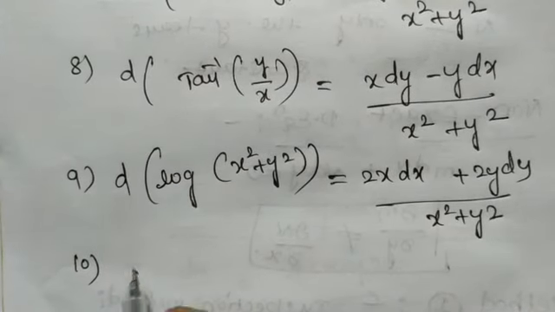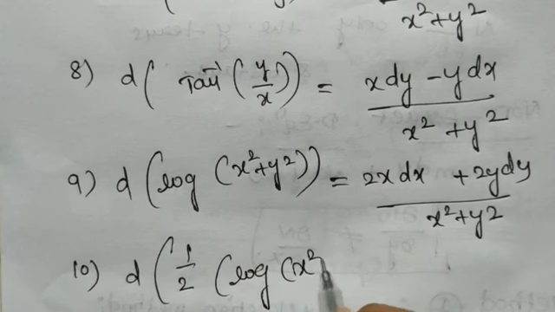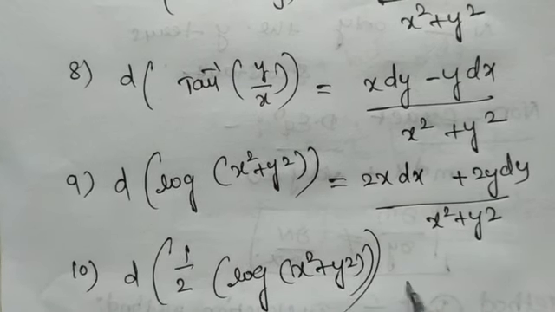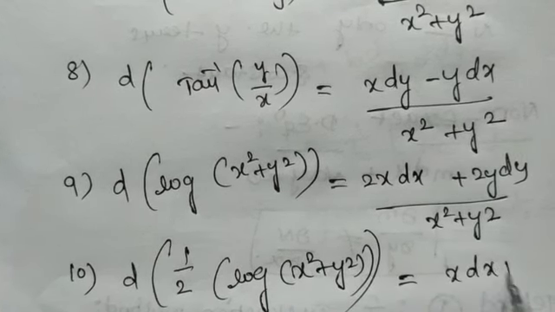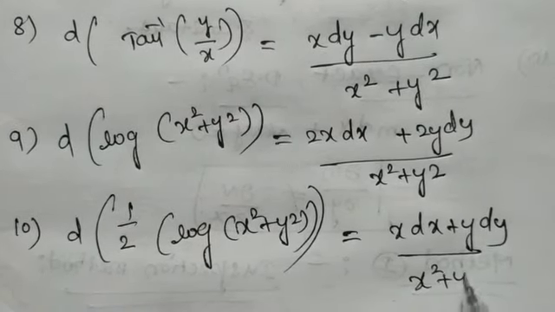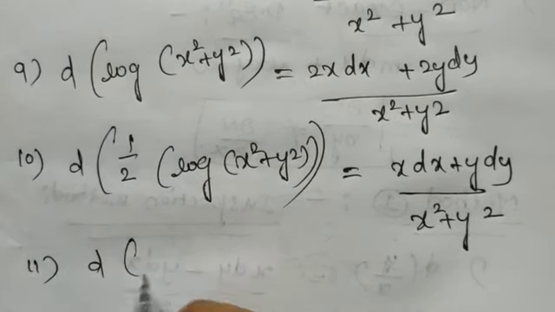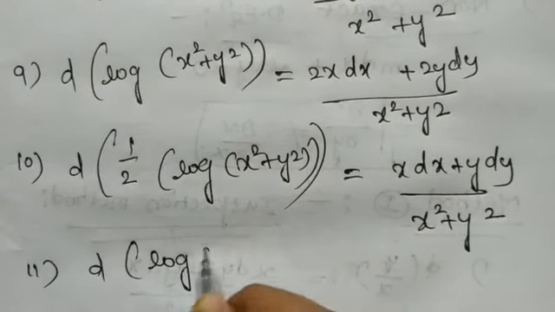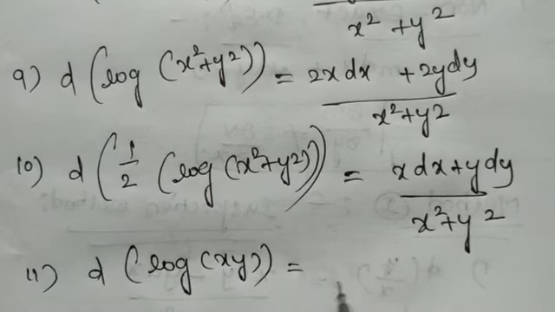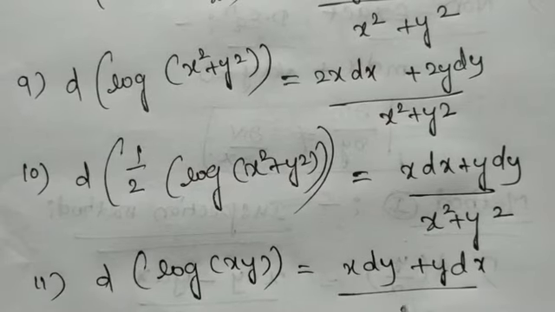Next, d of log of x square plus y square equals 2x dx plus 2y dy by x square plus y square. Next formula, d of 1 by 2 log of x square plus y square equals x dx plus y dy by x square plus y square. Next one, d of log of xy equals x dy plus y dx by xy.